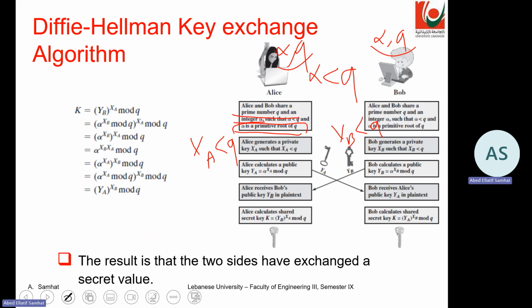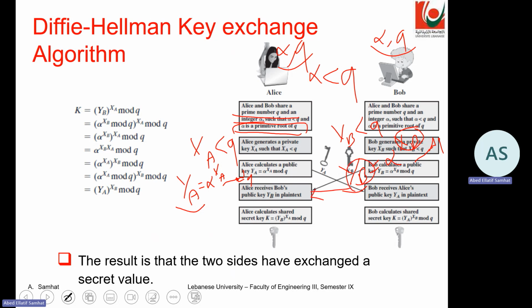At this level, Alice will generate YA equal to alpha to the power XA mod q, and Bob will generate YB equal to alpha to the power XB mod q. Now Alice will keep XA secret but send YA to Bob, and Bob will keep XB secret and send YB to Alice.